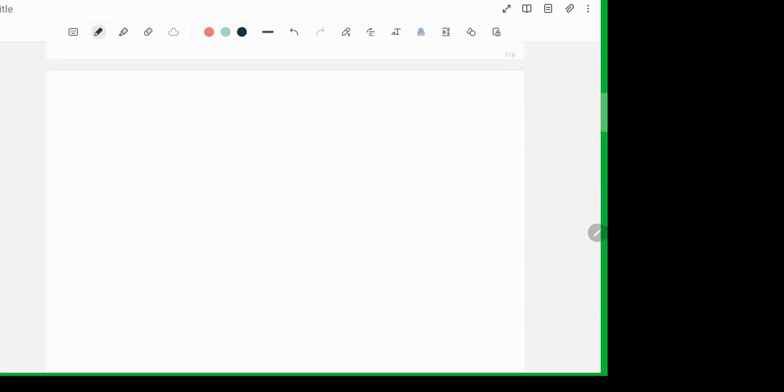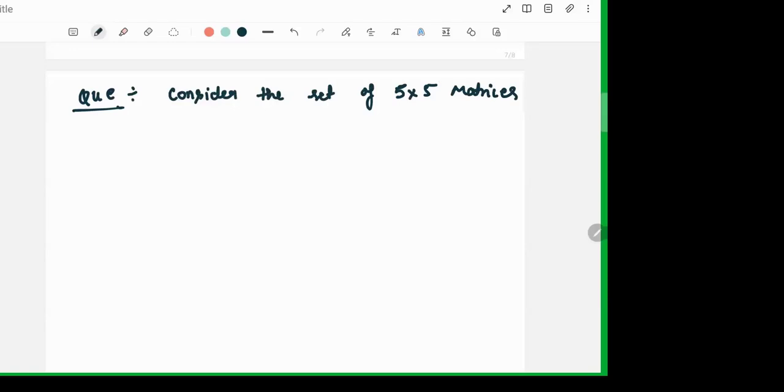So now the problem is this question. Consider the set of 5 cross 5 matrices with entries in Z5.